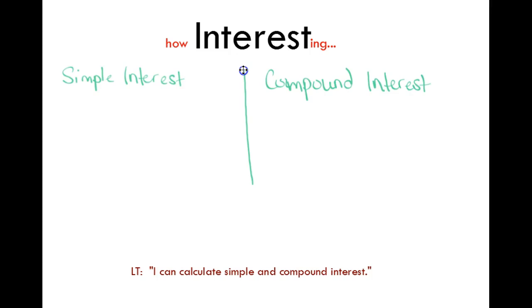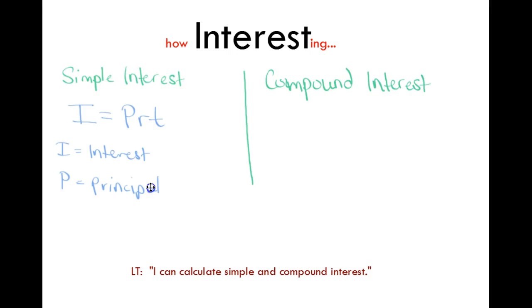Simple interest is this. You say interest equals PRT. So I have to know what those letters mean. So I means interest. P stands for principal. And it's the principal, like the principal of a school.